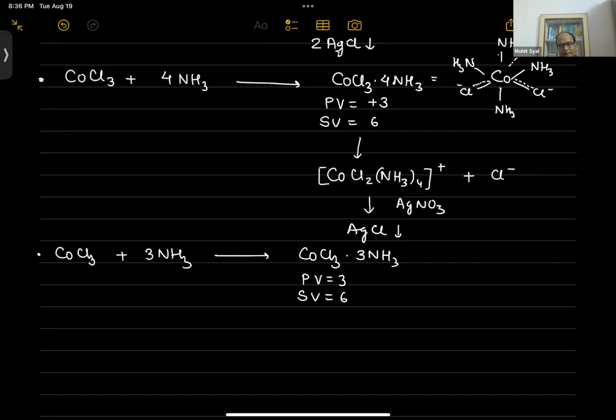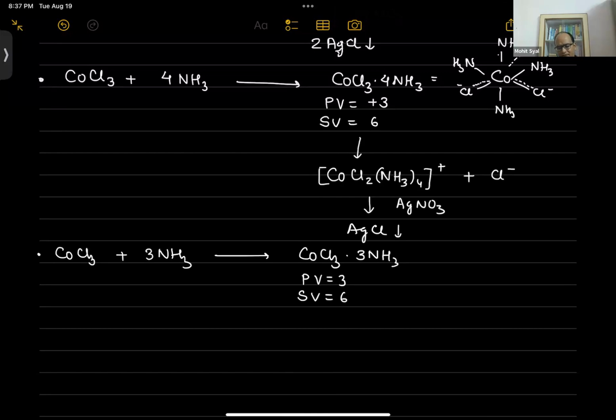Tell me quickly. So it will bond with cobalt, 3 ammonia. Can ammonia satisfy the primary valency? Yes or no? It cannot satisfy because it doesn't have a negative charge. Got it? It is neutral.